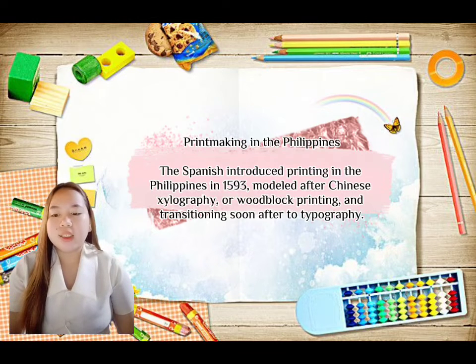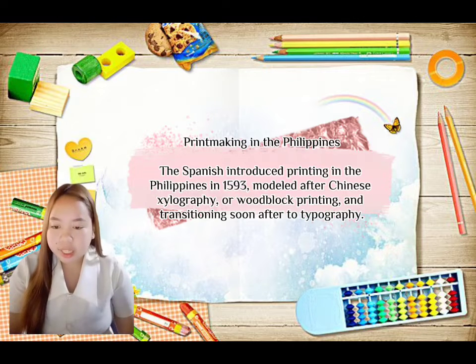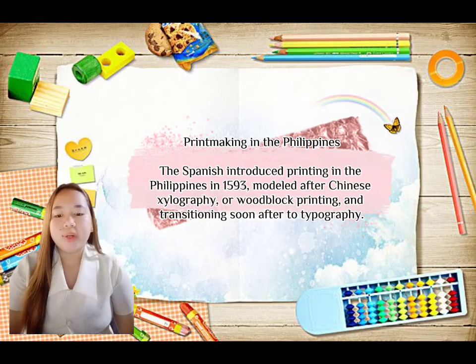Printing was spearheaded by the Catholic religious orders, the Augustinian, Franciscan, Jesuit, and Dominican, who each owned and operated a printing press in the Philippines. Colonial policy dictated that before being printed and sold, books had to receive approval from the bishop and audiencia. So that was printmaking in the Philippines.